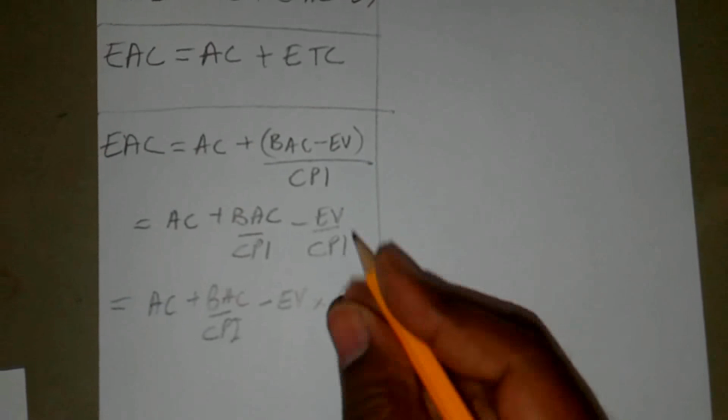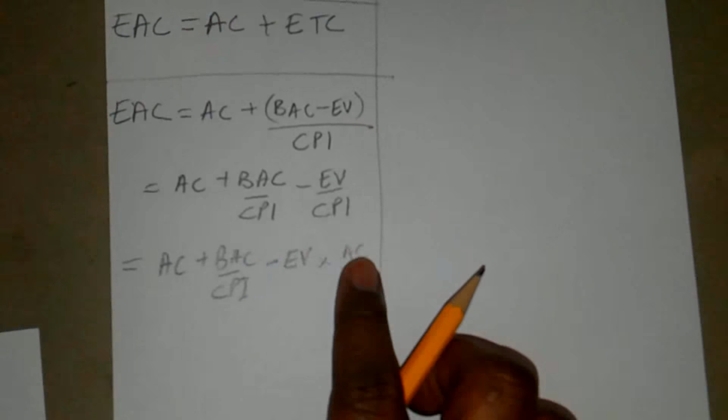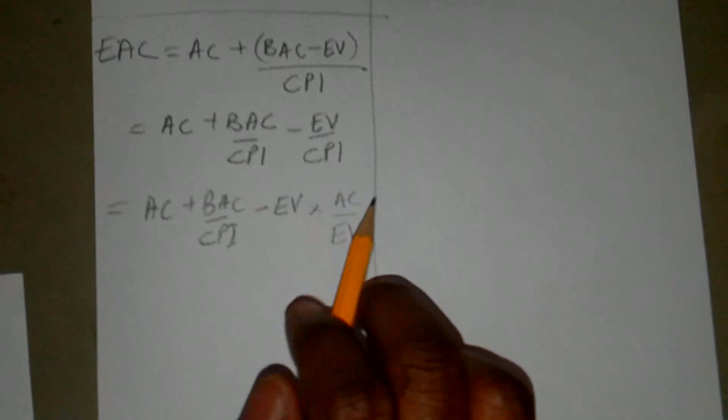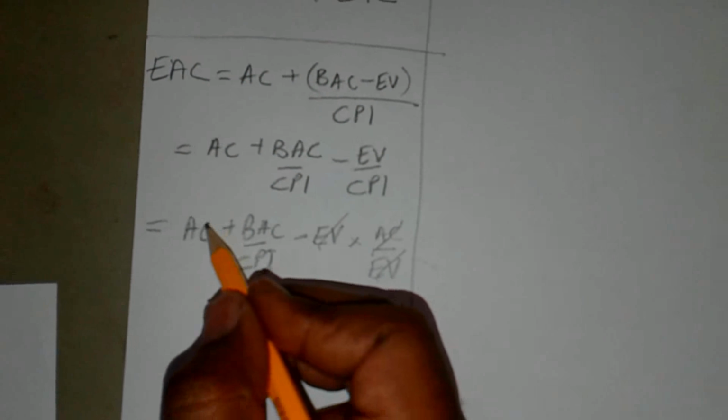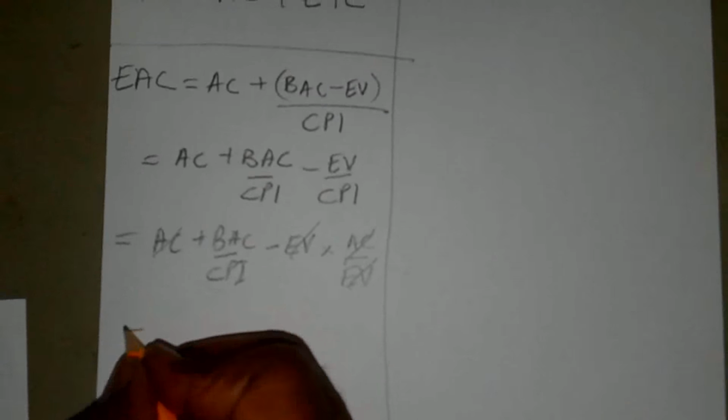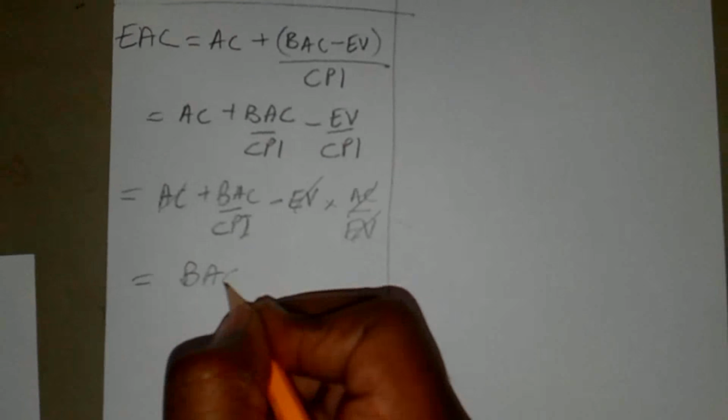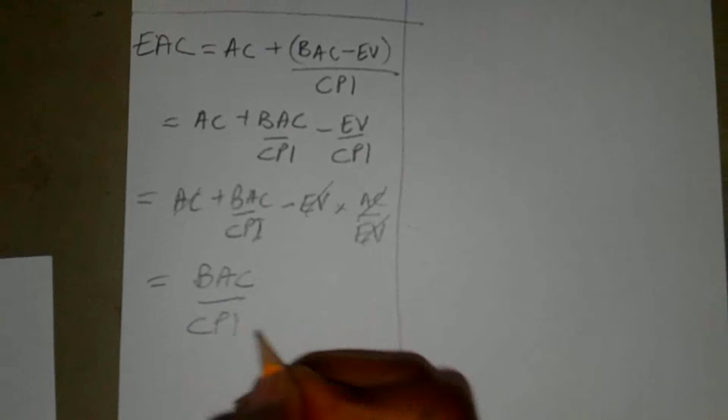Because remember, your CPI is really EV divided by AC. We're going to invert that, so we end up with that, and that cancels that, and that will cancel this by the time you're done, and you're going to end up with BAC divided by CPI.